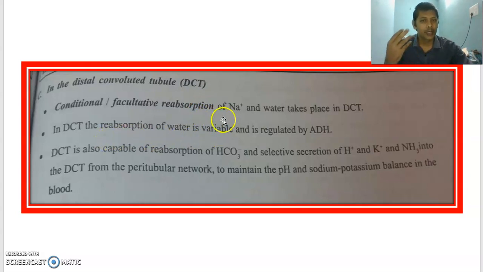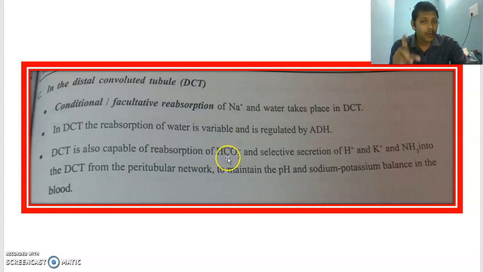Who regulates this conditional reabsorption of water here? It is regulated by one hormone called ADH, which is synthesized by the hypothalamus and released by the posterior pituitary, the neurohypophysis. You will learn about that in the next lesson, chemical coordination and integration. ADH, antidiuretic hormone, also called vasopressin, regulates this reabsorption of water in the DCT.